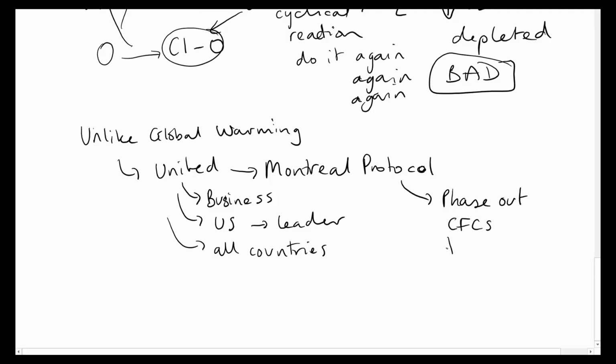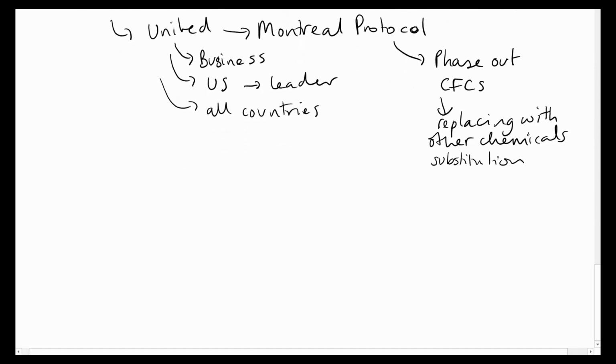And they did this by replacing them with other chemicals. And I guess you could call that substitution. Okay, and this was pretty successful. The businesses had the chemistry to do this.